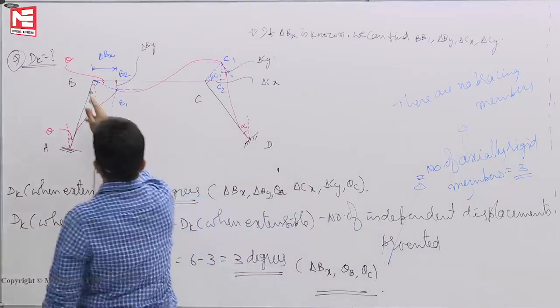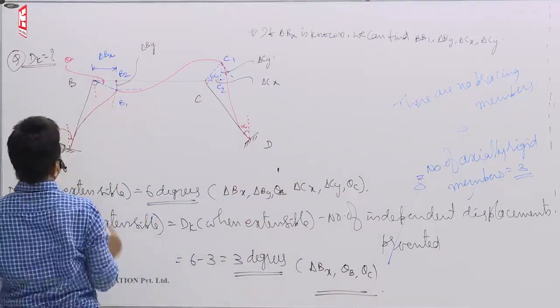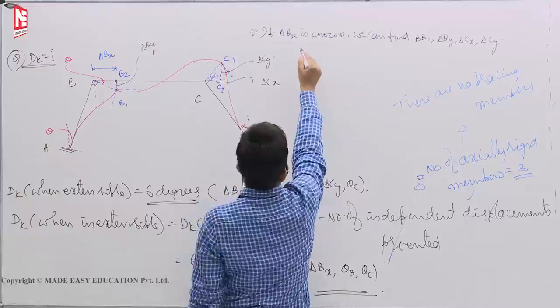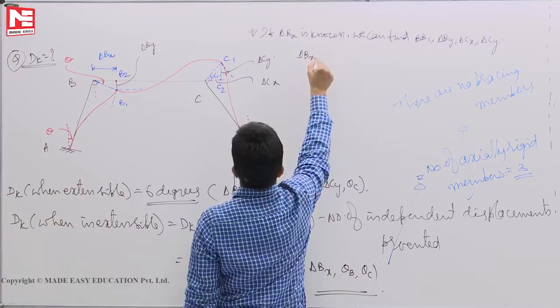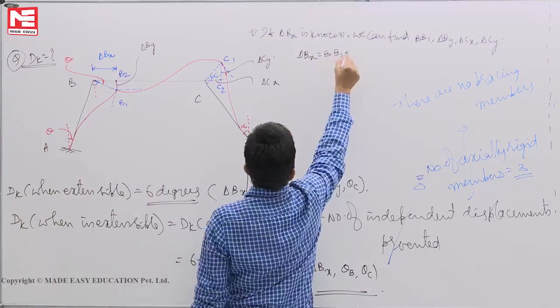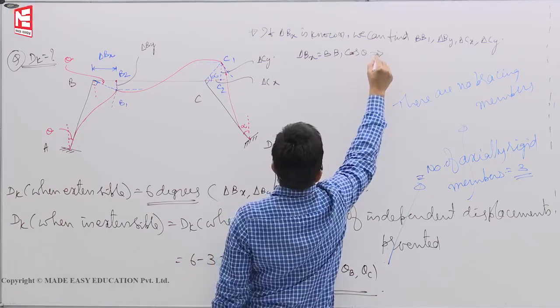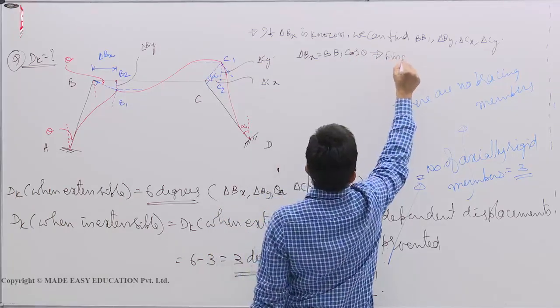How to find? This angle is theta, so delta Bx is nothing but BB1 cos theta. So find BB1.